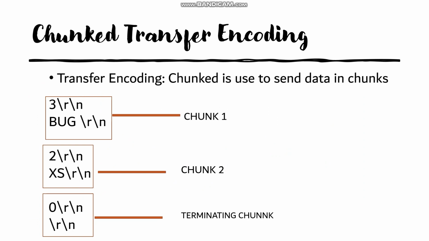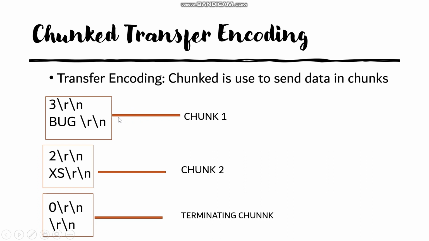So here is what chunked transfer encoding is. You have seen this many times when you do bug bounty hunting, but you might not be sure what chunked transfer encoding is. When the transfer encoding is of chunk type, the data is sent to the server in chunks. Here 3 is the length of my message, and 2 is the length of my message. \r\n means that the current chunk has ended and a new one is starting.